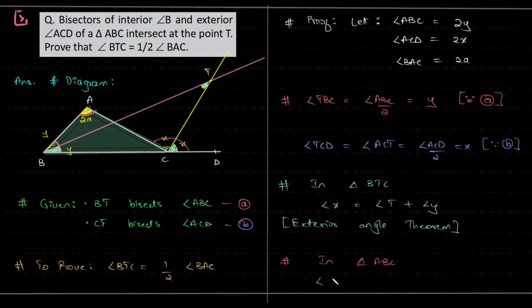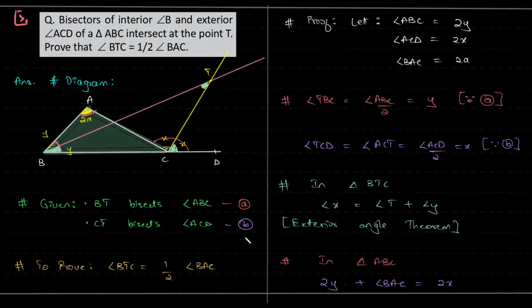We have angle B plus angle A, or we can call it as 2y, plus 2a is equal to 2x, or we can call this as angle BAC itself. We'll just go with that as of now. I don't think this is useful, but anyways, no harm in writing, right?